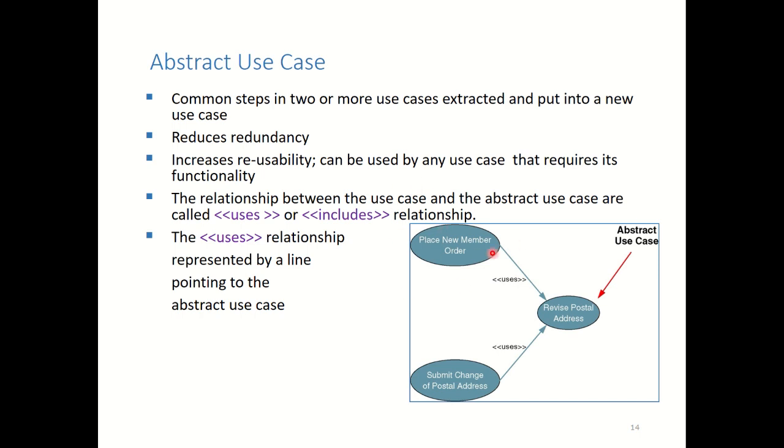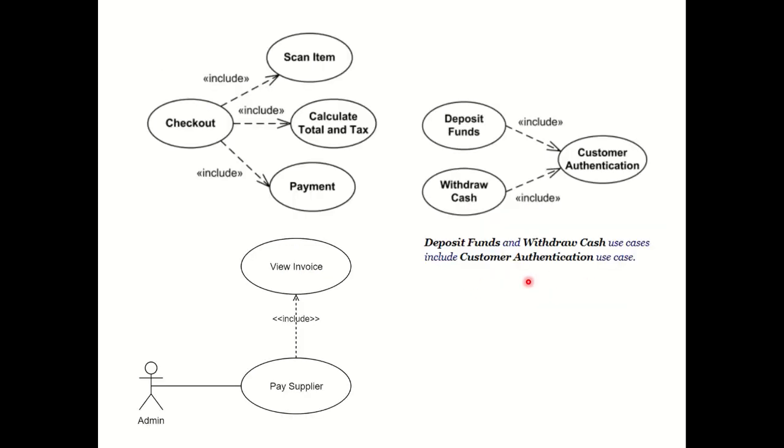You have an arrow which comes from here to here, so this uses this one, right? This is how you depict the uses. But when you look at the include, say checkout, say you have added items onto the Amazon cart, right?